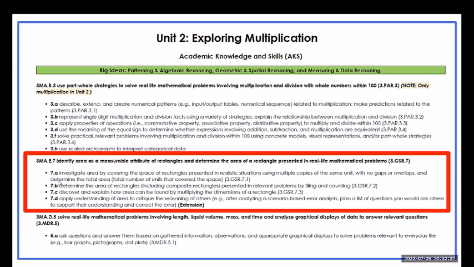IOAs 7A and 7B allow students to investigate the meaning of area and how a square unit is used to measure the attribute of area. IOA 7C is where students learn that area can be found by multiplying side lengths.